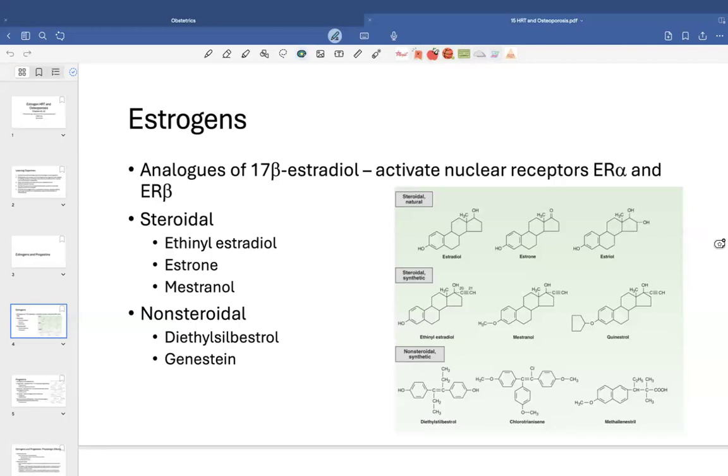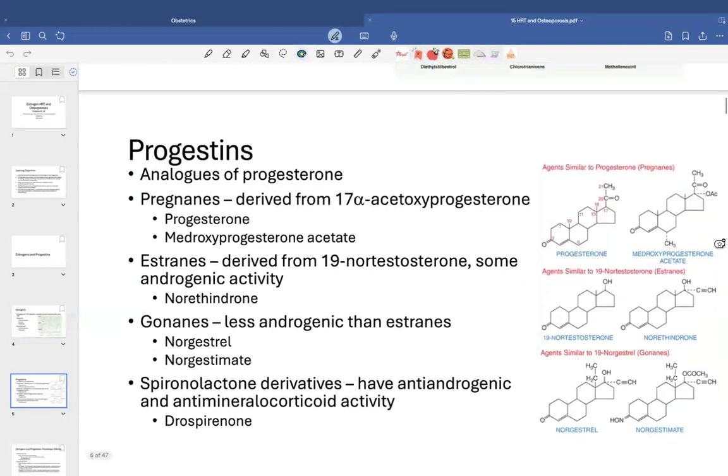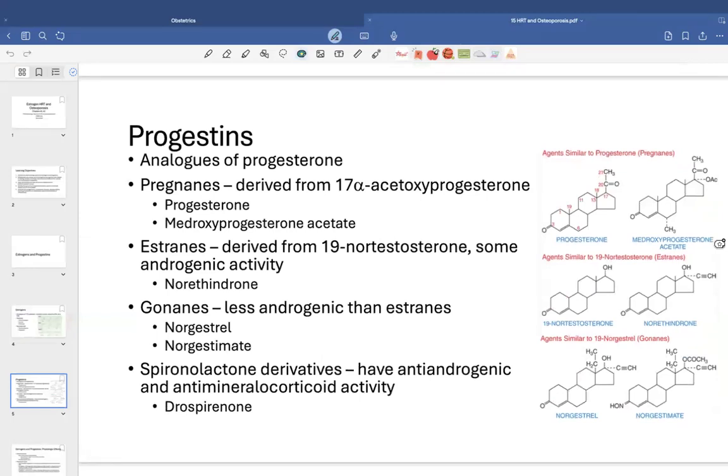Now, progestins, on the other hand, also have the familiar four-ring structure, A, B, C, and D. They differ structurally in a few details. There's only a single double bond in the A ring for progestins.